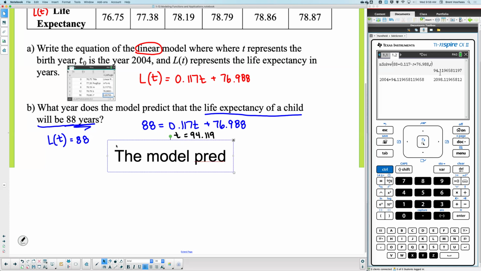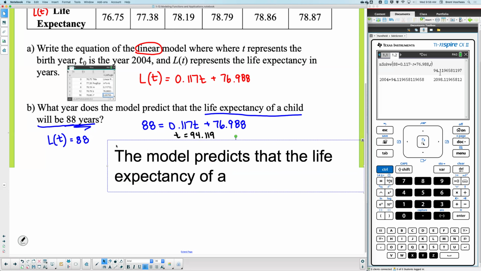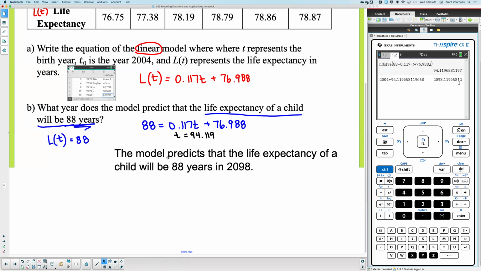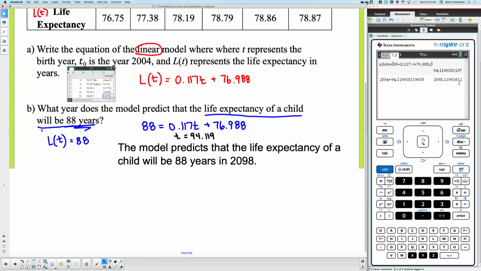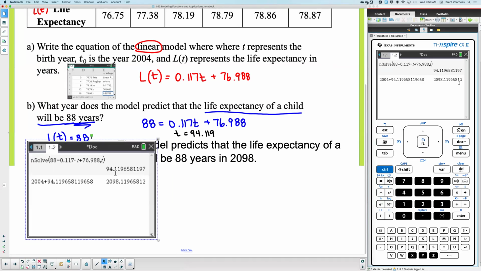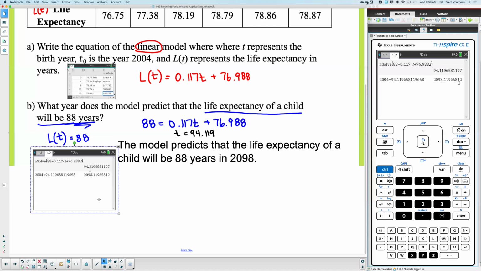The model predicts that the life expectancy of a child will be 88 years in 2098. Now, do we need to do the decimal on a year? No, for years you do a whole number, so you can just say 2098 like that, and that can be your answer. You could leave it just like that. And let me get my picture added in. There we go.